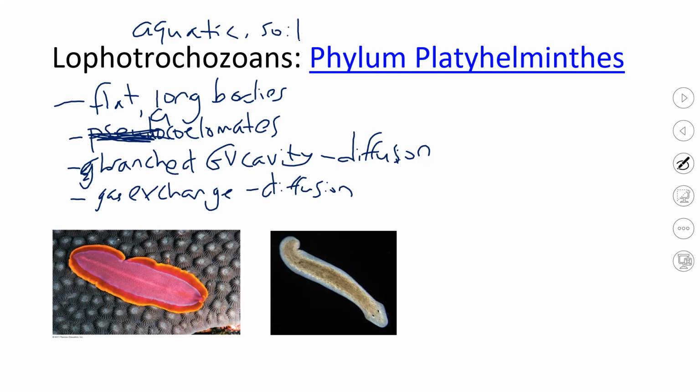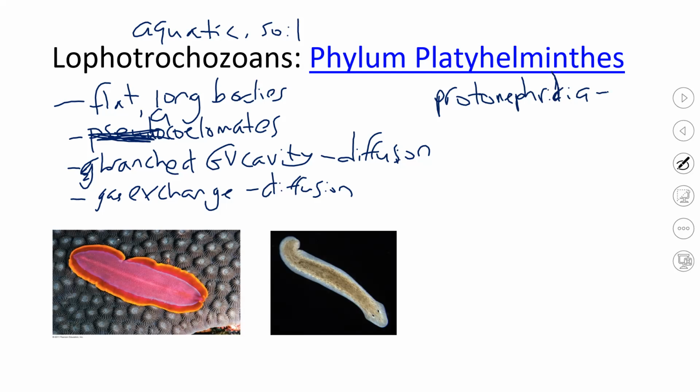And this we're starting to see in terms of getting rid of waste. We're starting to see specialization. They have little clusters of cells called protonephridia. Protonephridia is referring to kidneys. Proto is like before kidneys.